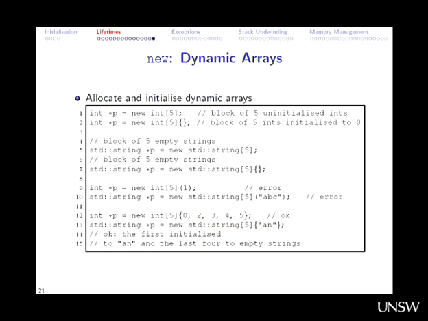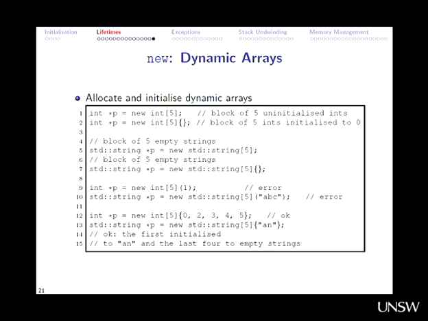Okay, let's take a look at dynamic arrays. So we just had a big slide of all the different ways you can allocate normal types. Here's how we can allocate some dynamic arrays. Again, I'd probably prefer you didn't do this, that you did vectors, but this is something important to know. Here's a pointer to an array of 5 uninitialized ints.